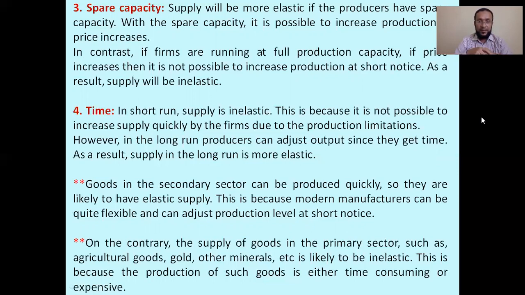On the other hand, the supply of goods in the primary sector, such as agricultural goods, gold, other minerals, etc., is likely to be inelastic. This is because the production of such goods is either time consuming or expensive. So to conclude, we can say that price elasticity of supply of the manufacturing goods or secondary goods is elastic, and price elasticity of supply of the primary goods is inelastic.